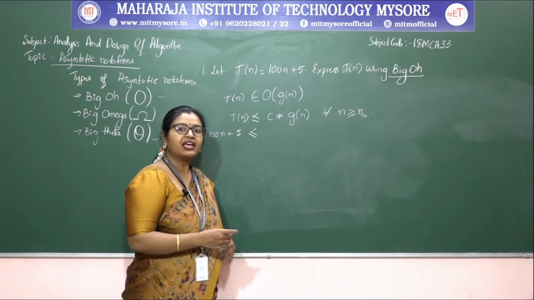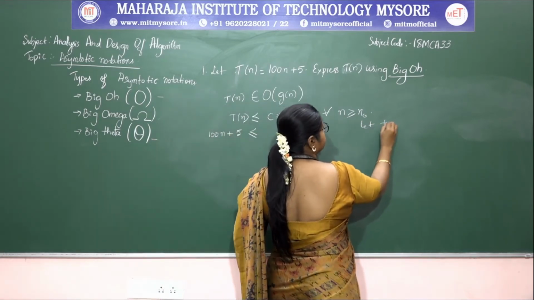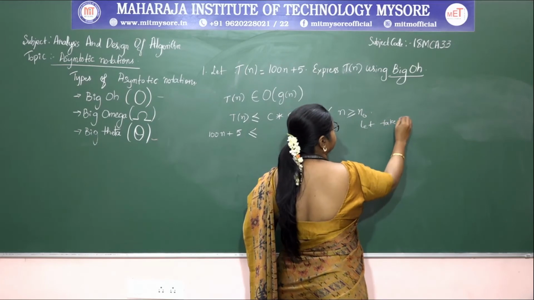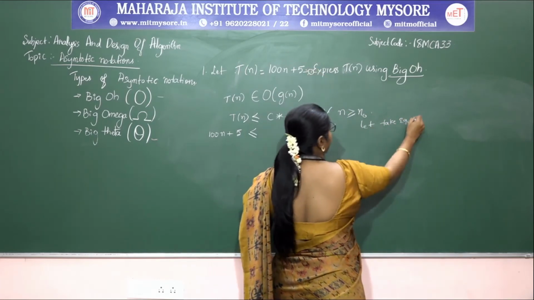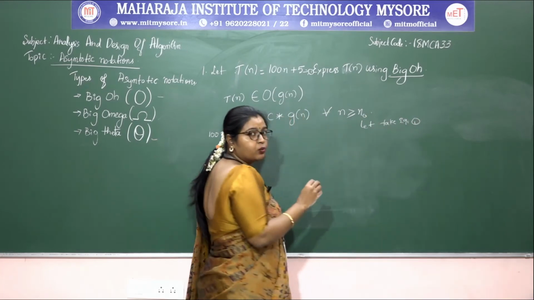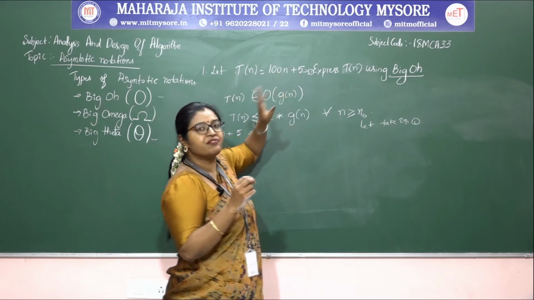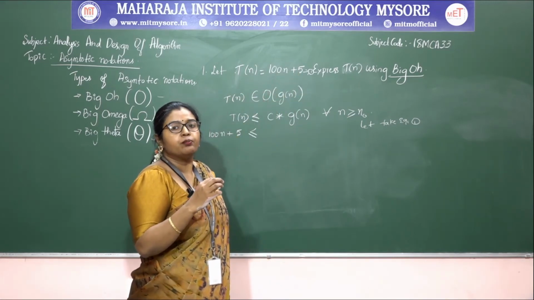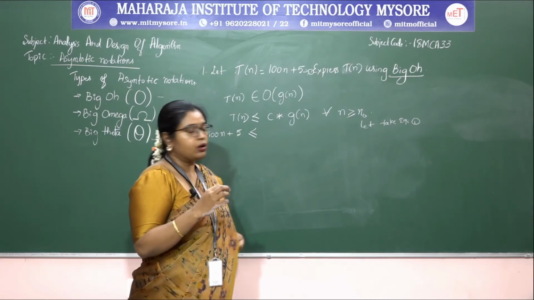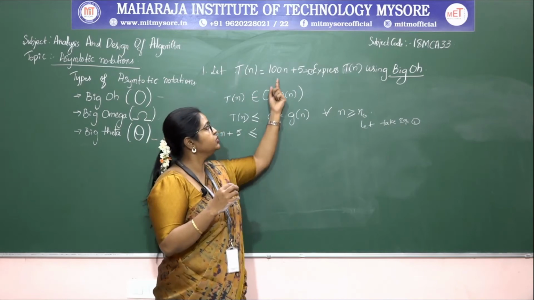Let us call this equation 1: T of n is equal to 100n plus 5. Now we need to convert it into its equivalent form C into g of n, so you should get a multiplicative constant for g of n.